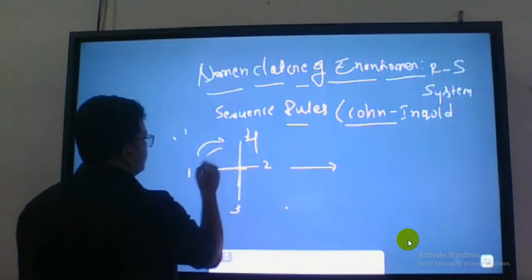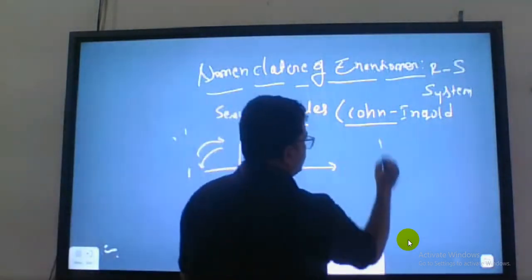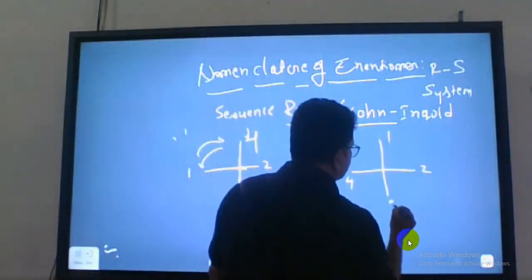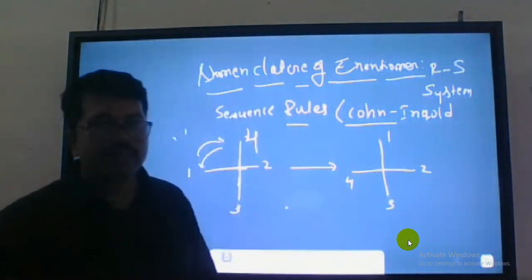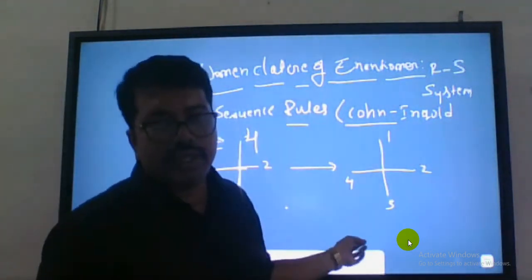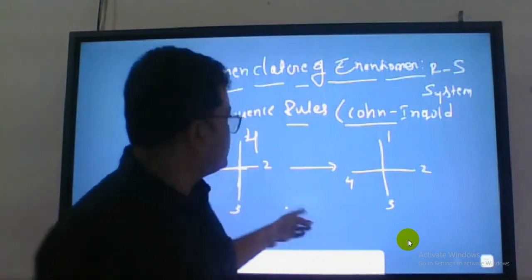You change this to this side. This is 1, this is 4 and this is 2, this is 3. Okay? So this is 3. Second interchange. So first interchange.